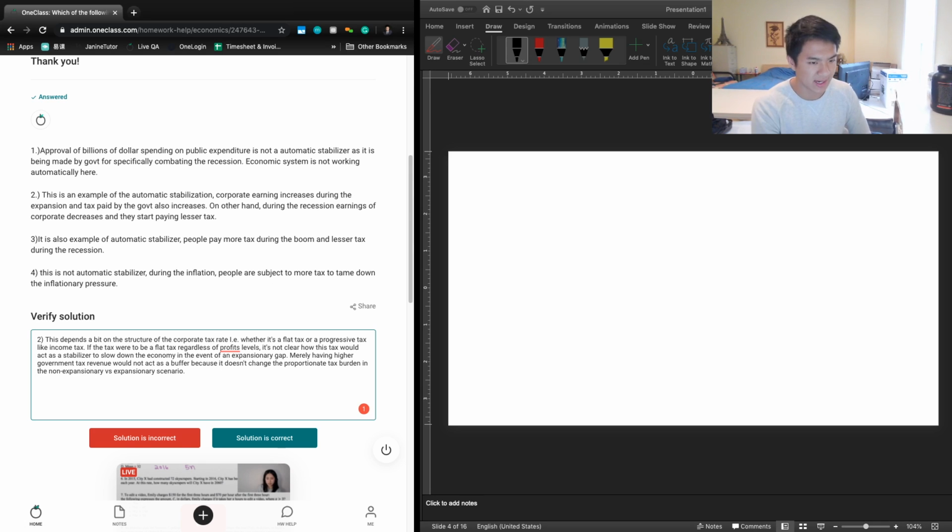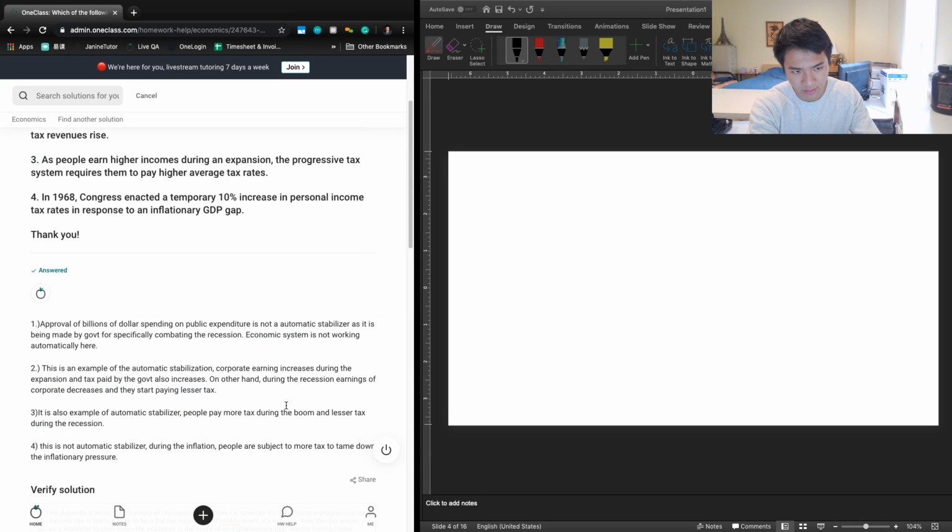And 4 says this is not an automatic stabilizer. During the inflation, people are subject to more tax to tame down inflationary pressure. So, I mean, it is not an automatic stabilizer.